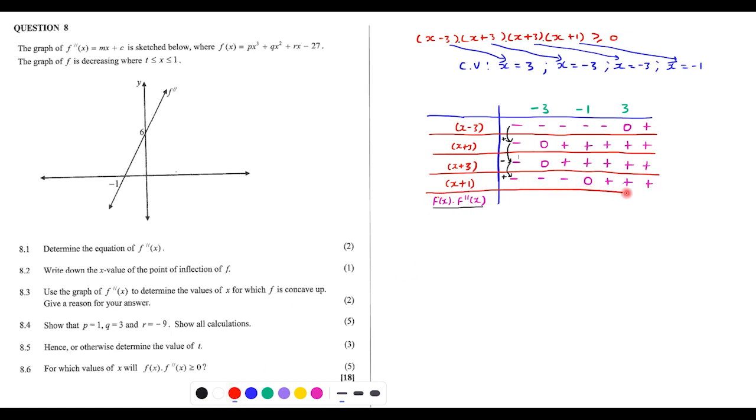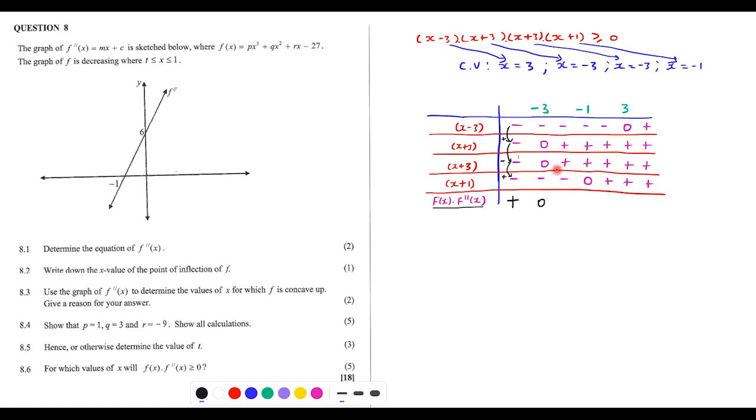So positive, as you can see, then negative times 0 becomes 0. When you multiply by 0, it becomes 0, and when you multiply a 0 with a negative, you get a 0, right? Then here, negative times positive is a negative, times positive is a negative, times a negative becomes a positive.